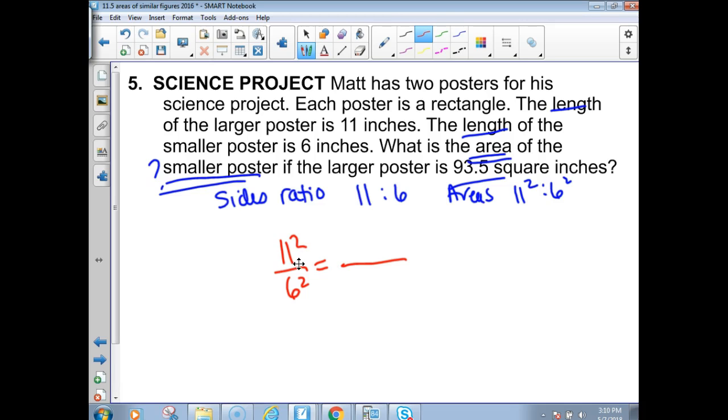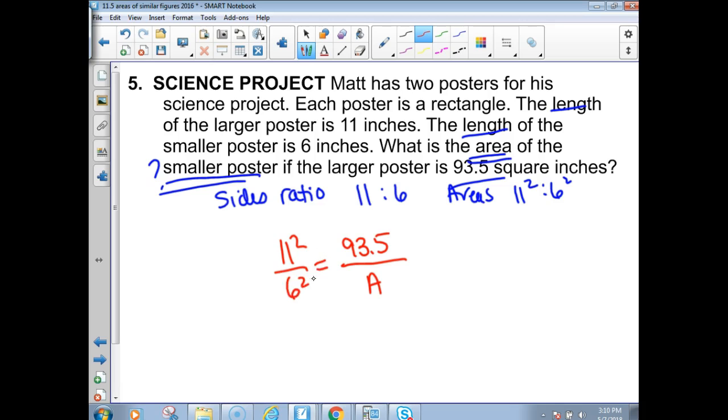Which is larger, 11 squared or 6 squared? 11 squared. It says the area of the larger poster is 93.5. That has to go on top, yes. We want to find the area of the smaller poster, so it'd go on the bottom. I have the bigger number on top. Now, you could have evaluated the 11 squared, which is 121, and 6 squared, but you don't have to. We could just type it like this.